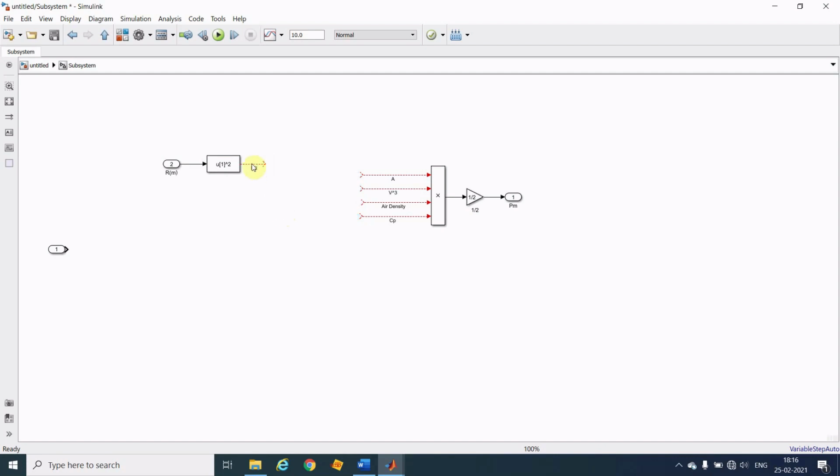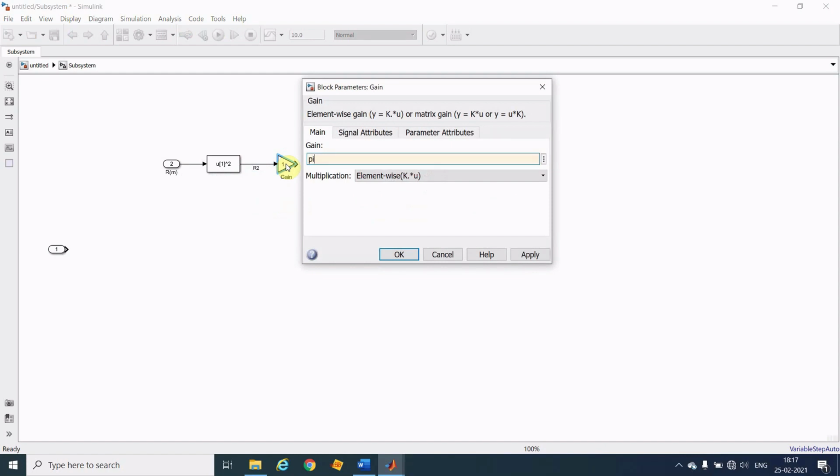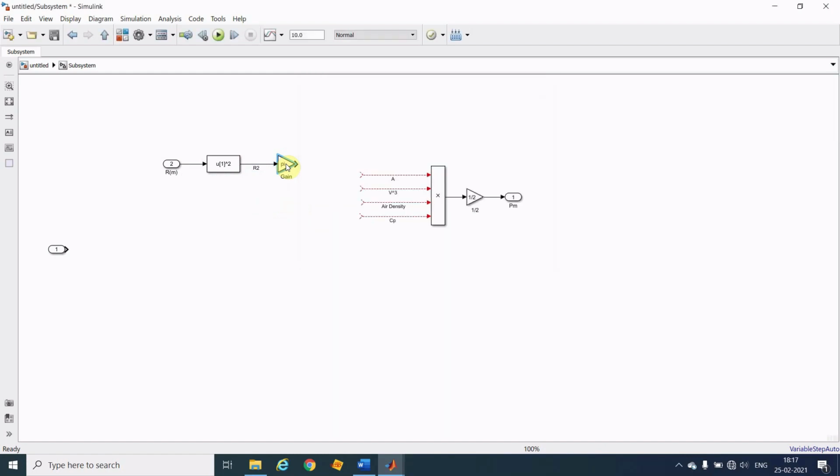Okay, and multiply with again, what is that again? That is pi. That gain is pi. Okay, so it will give the swept area.